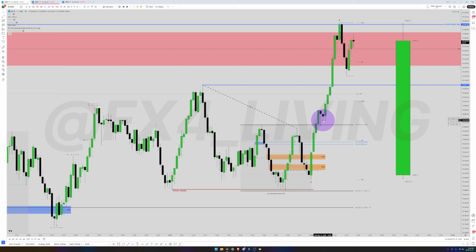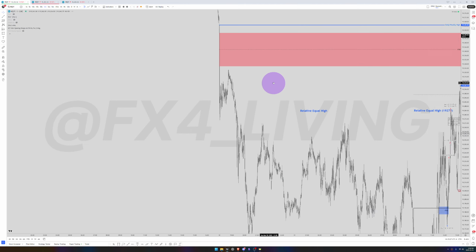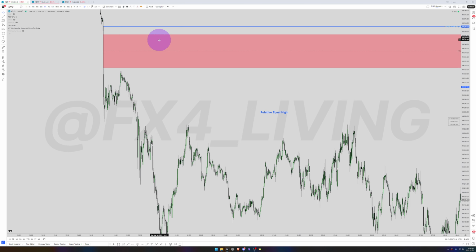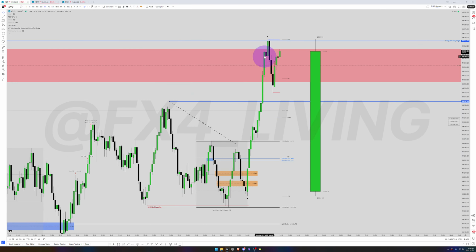Rejection block, it retakes that low, changes the state of delivery, and retouches that order block and flies. That was basically this high right here, first target. And this massive run that we have right now, and it basically goes for that daily high. This one right, bing.